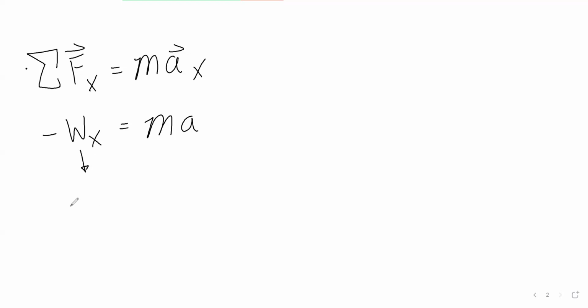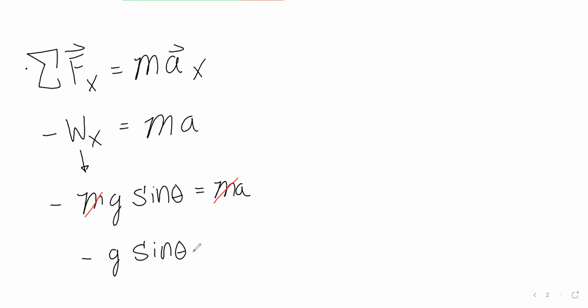Now, the formula for Wx is mg sine theta equals ma. Notice that m appears on both sides, so we could divide both sides by m. They cancel out. So the acceleration is negative g sine theta. Perfect. So let's find out that value for acceleration.